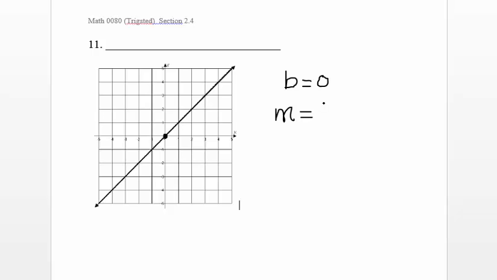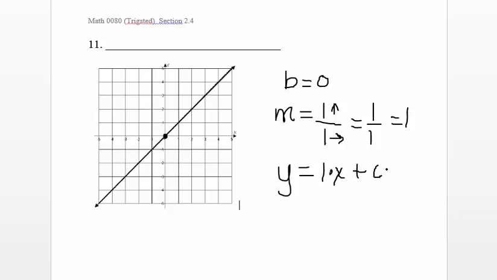So the slope has an upward movement combined with a rightward movement. So I have +1 for rise, +1 for run. 1 divided by 1 is 1. So my slope is 1. My y-intercept is 0. So y equals 1 times x plus 0, y equals x. So that's the line equation there.